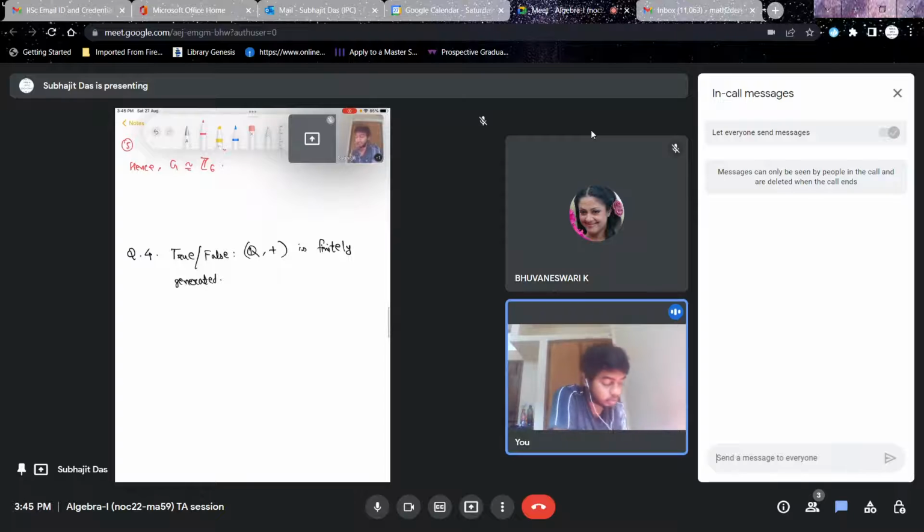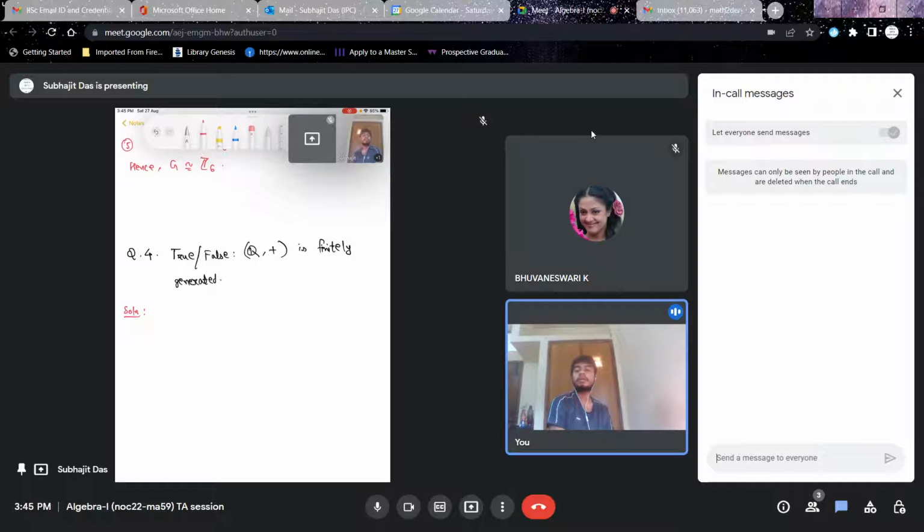Okay, so let's come to the next question, and this is very easy. You are asked to find out whether this statement is true or false: Q, the rationals under addition, whether this as a group is finitely generated or not. Let me ask you, there is only one person, I believe, Bhuvaneshwari, right?